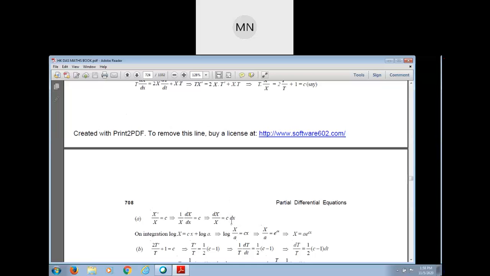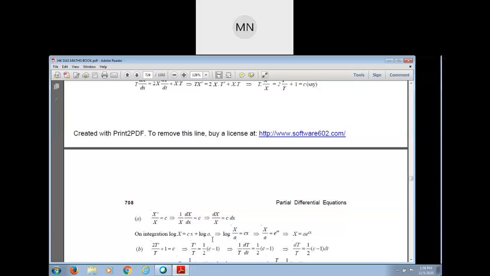Then integration of dt will be what? T. So it comes as ct. Is it clear? So after integrating, we get log x equals ct plus a constant.